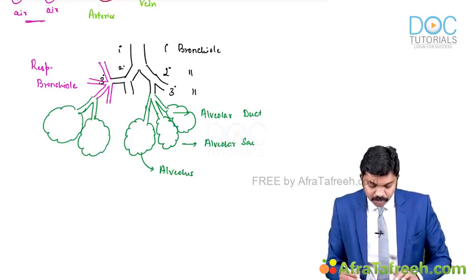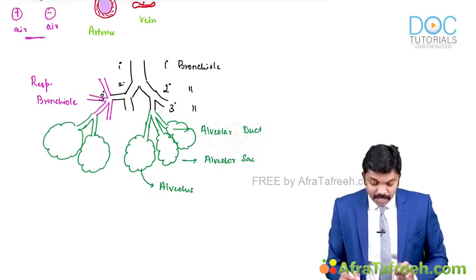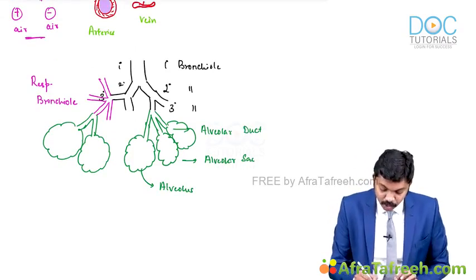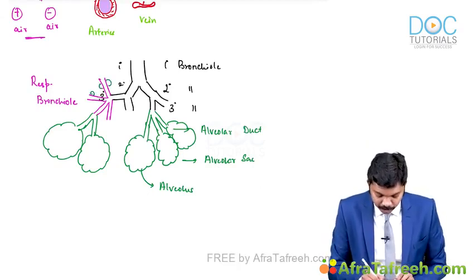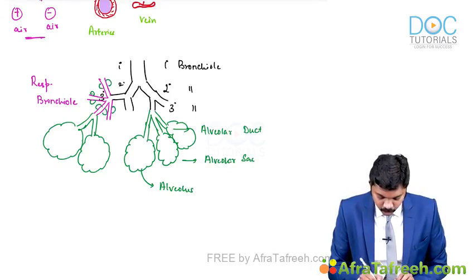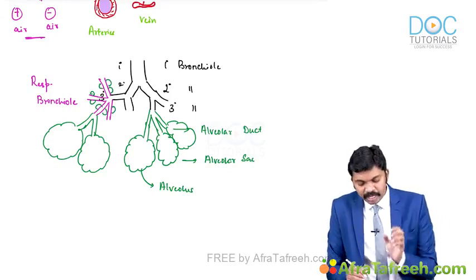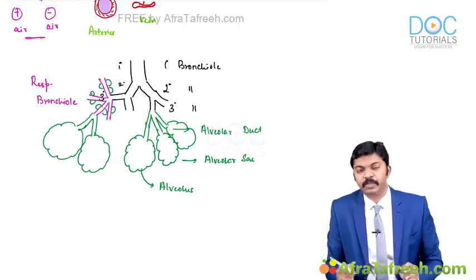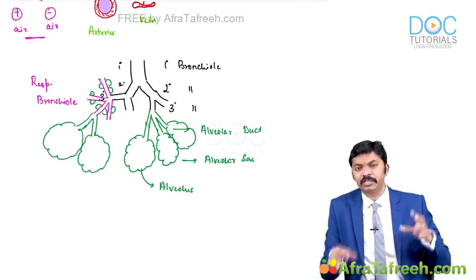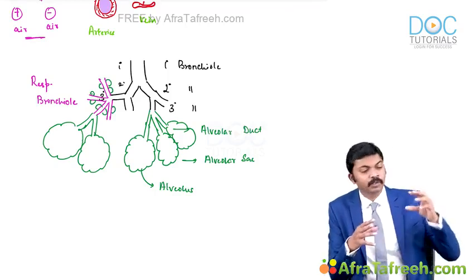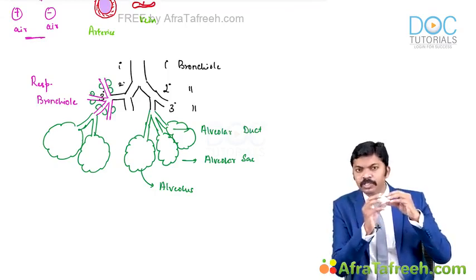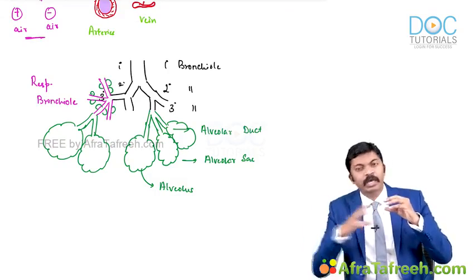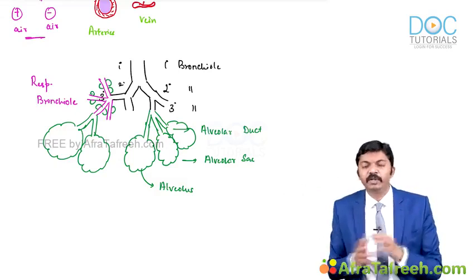Now, the importance of the respiratory bronchiole here is that there are a few alveoli connected to the respiratory bronchiole straight away. The walls of the respiratory bronchiole themselves have certain alveoli. That is the exact difference, doctors. Certain lung segments have a tertiary bronchiole without any alveoli on its wall, branching out into an alveolar duct that ends in an alveolar sac.